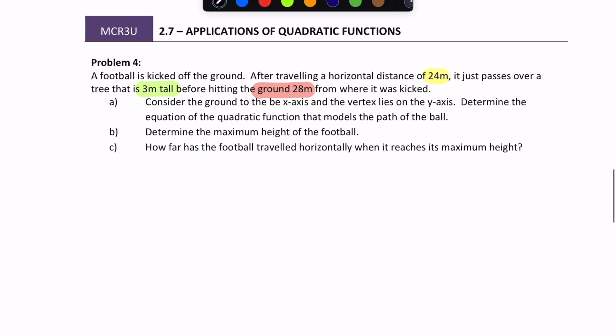So here, if we draw ourselves a diagram, here we have our football.